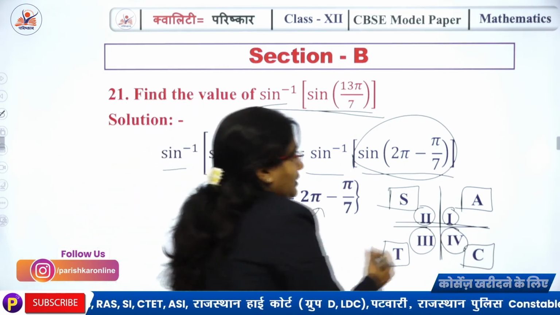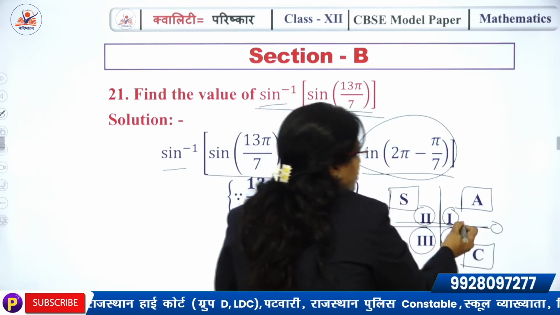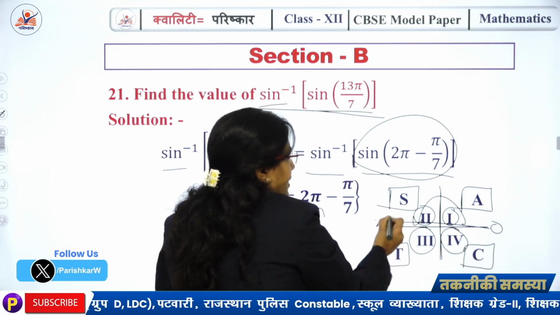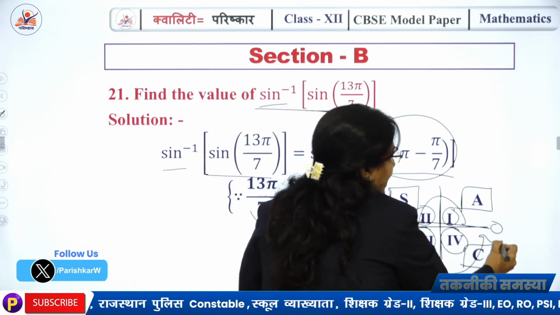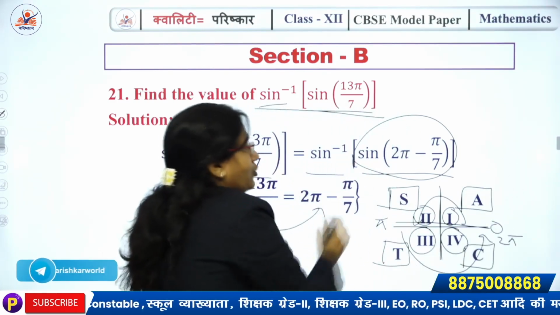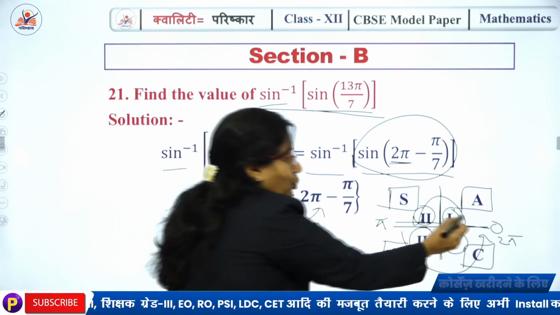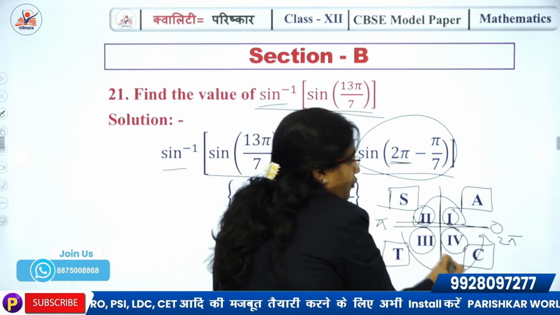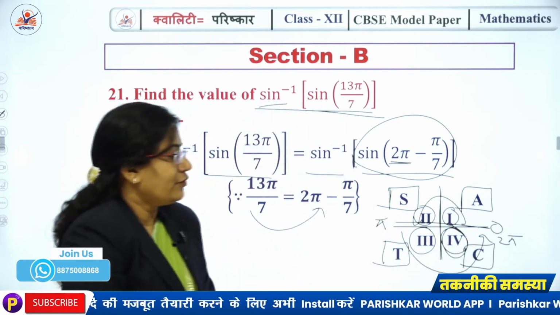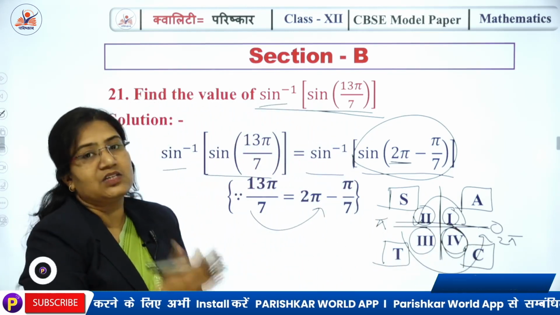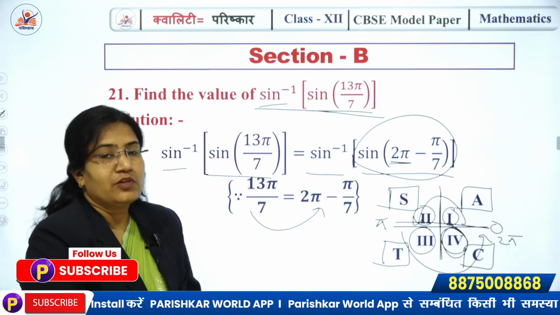Now we will calculate the angle. This line denotes 0. Again, this angle is pi and this angle is 2 pi. We have 2 pi minus theta. That means 2 pi minus theta is the fourth quadrant. In the fourth quadrant, cos and sec are positive, other trigonometric ratios will be negative.